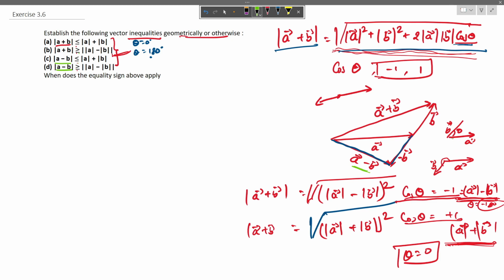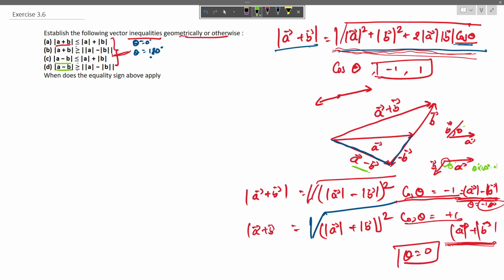Also we saw graphically the angle change in vector subtraction. So if theta is the angle between the vectors in addition, then the angle between these two vectors in subtraction would be theta dash equals 180 degree minus theta.